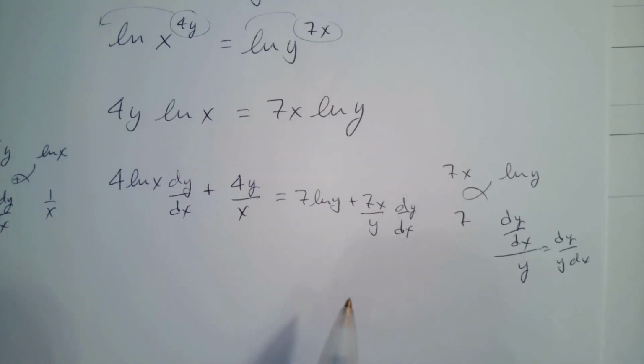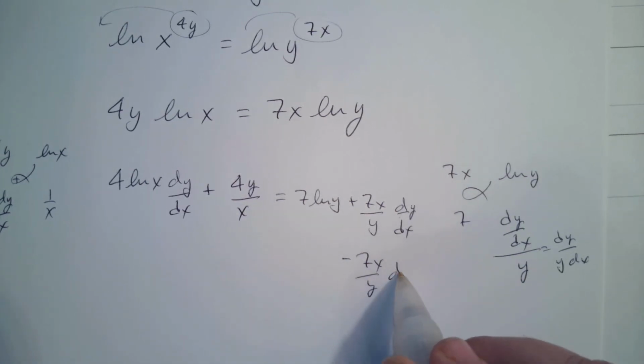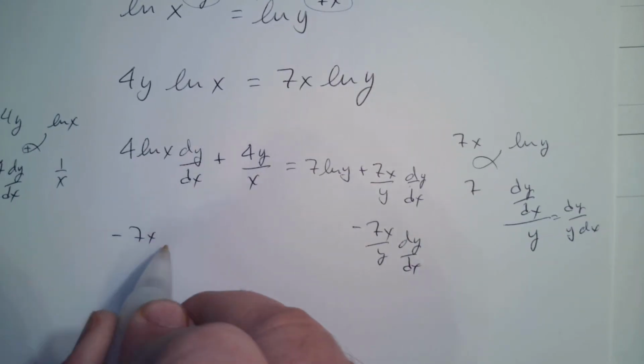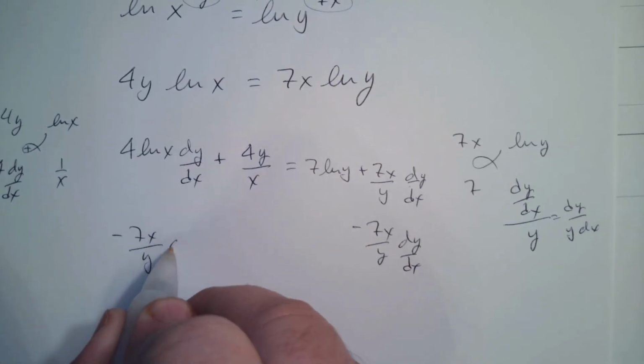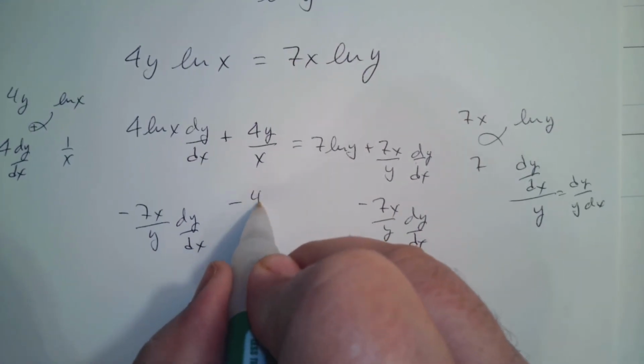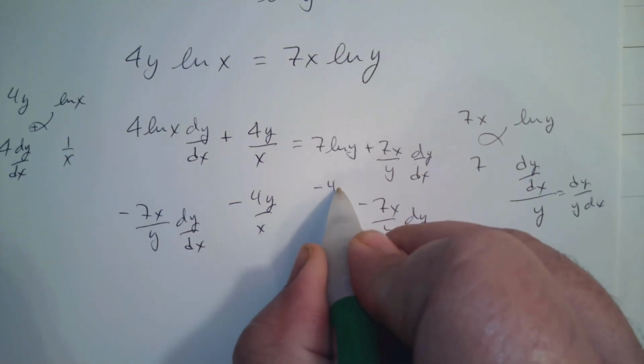Now I have to get all the dy/dx's on one side, so I subtract 7x over y dy/dx from both sides. And subtract 4y over x from both sides.